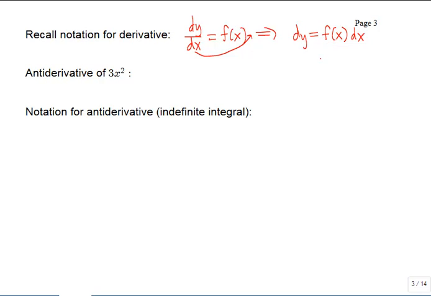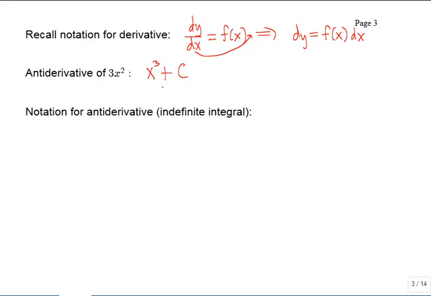Now I'll come back to that in a moment, but let's take a look at what the antiderivative of 3x squared is. What function has as its derivative 3x squared? Well, we know that that's got to be x cubed, because when you bring down the 3 and subtract 1 from the power, you get 3x squared. But we also know from that previous theorem that any constant added to the side of that will also be an antiderivative. So we're going to put in that plus c.